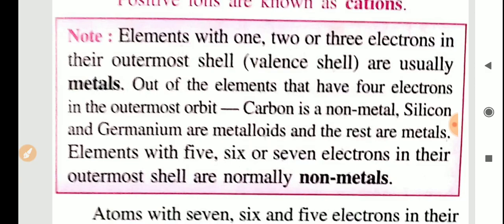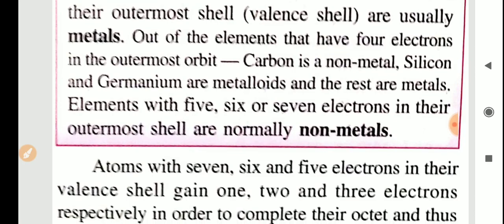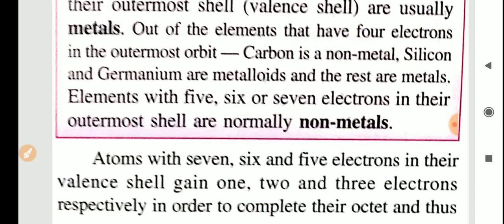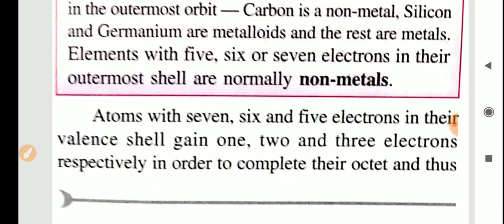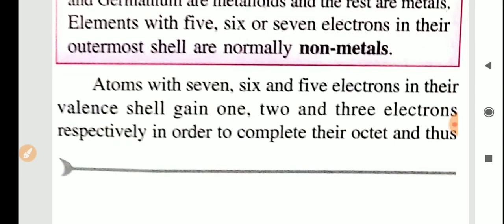Because their outermost shell contains only 1, 2 or 3 electrons, so they will always lose electrons to attain stability. Clear? Then the elements having more than 3 electrons are always non-metals. Only that logic you have to keep in mind. The remaining we will study in detail in chapter 5.